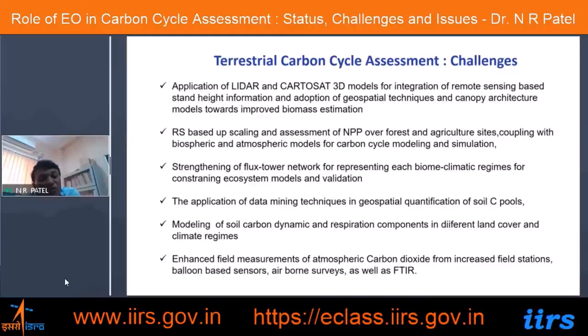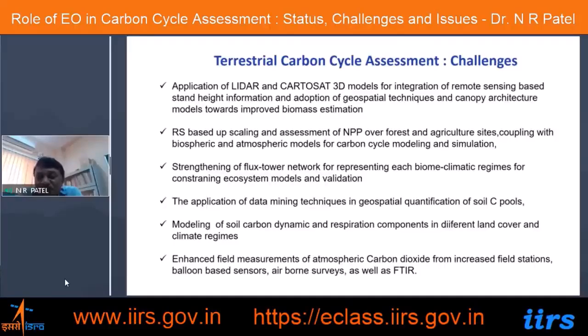Then there is improvement in the remote-sensing-based scaling or modeling of NPP and net ecosystem exchange between vegetation and the biosphere. Because of the strengthening of flux tower observations, we can increasingly use these observations to constrain biospheric models like CASA or process-based models like the dynamic vegetation carbon cycle model.